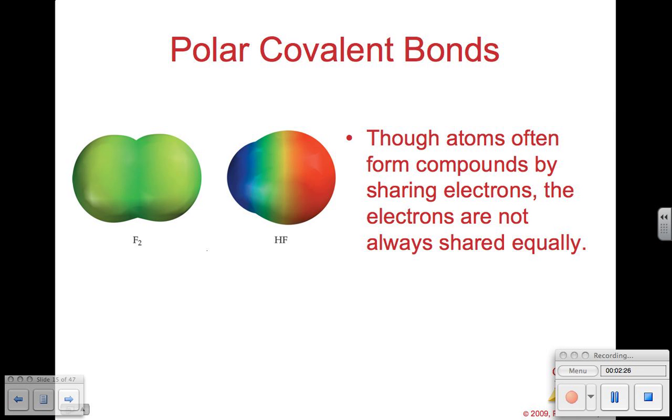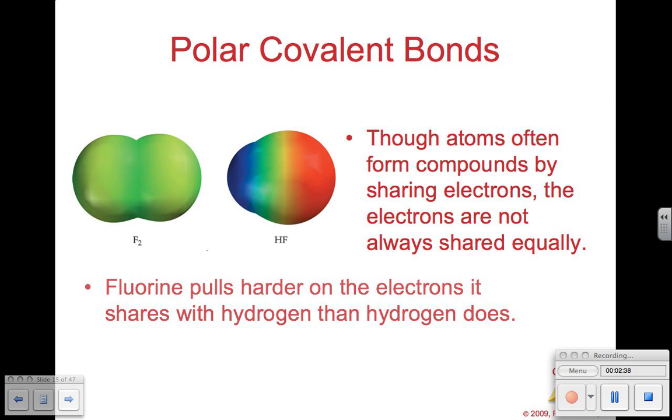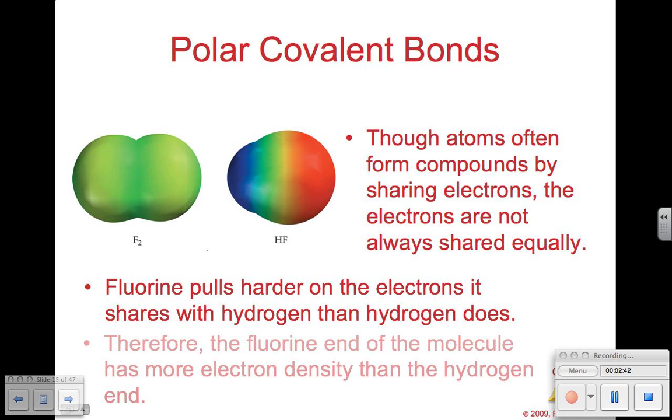So one doesn't have a stronger electron affinity than the other, whereas hydrogen bonded with fluorine does. The electron affinity, or the desire for one more electron, is much greater for fluorine versus hydrogen, so the electrons spend more time around the fluorine. So fluorine pulls harder on the electrons it shares with the hydrogen than hydrogen does.